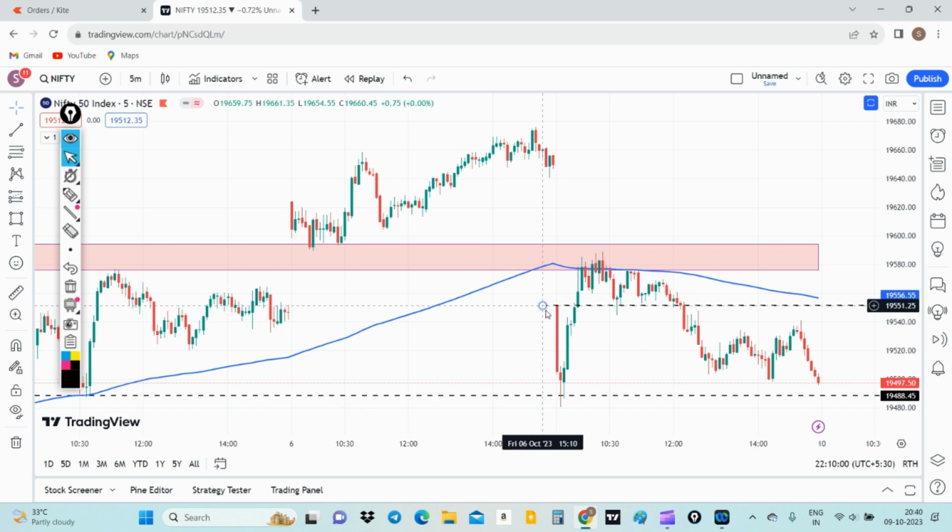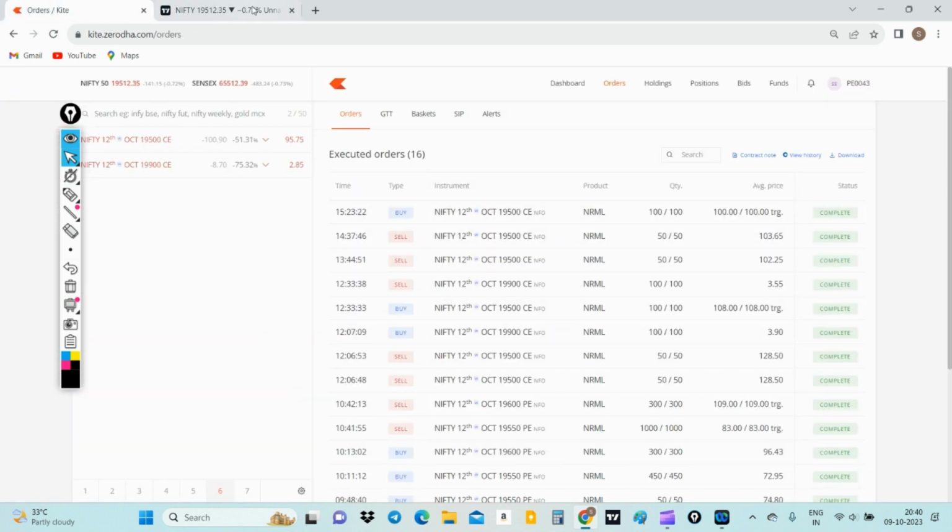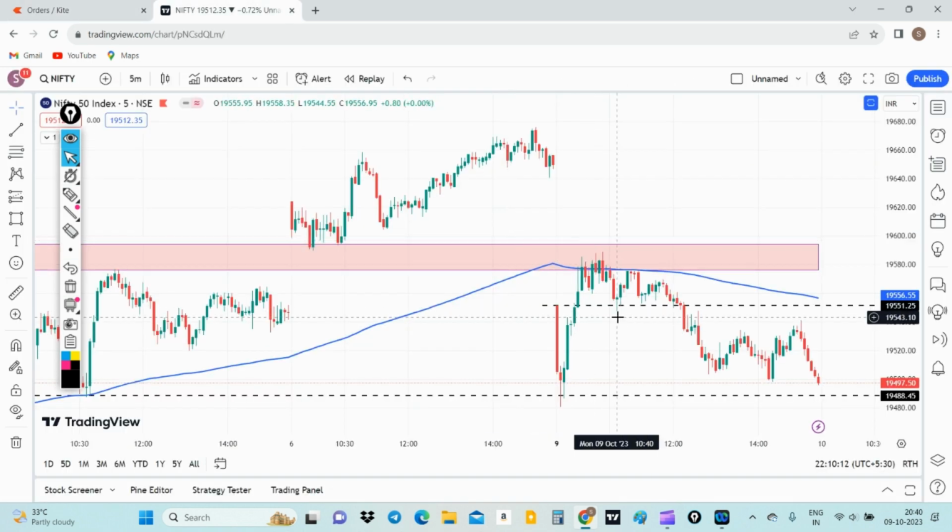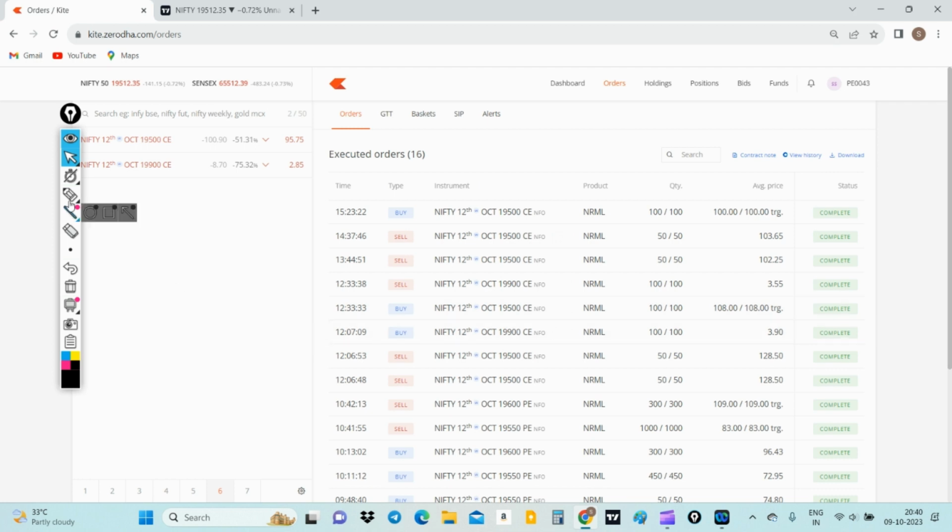When Nifty tried to take out this level, we saw a couple of candles with some rejection and also support. At the 10:40 candle, Nifty had come down to around 19,544 levels. Since Nifty had opened at around 19,550 early in the morning, the exit was along that line.